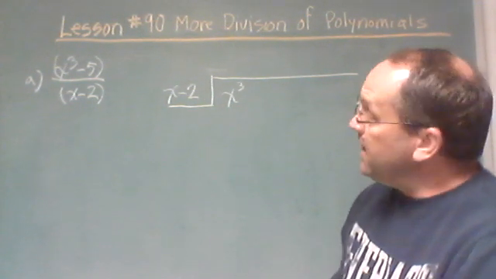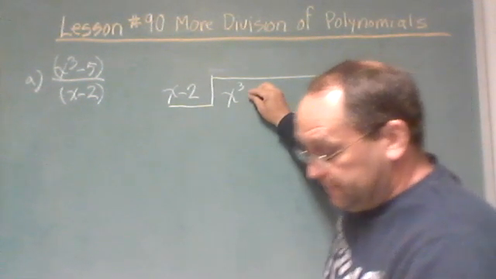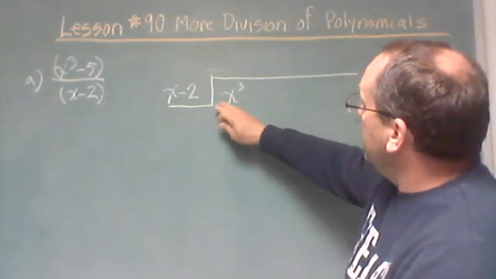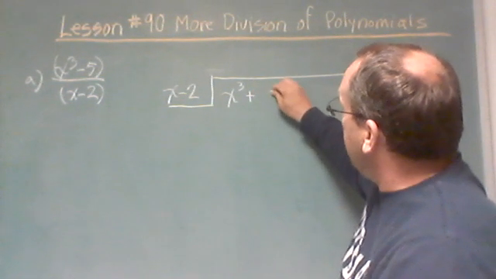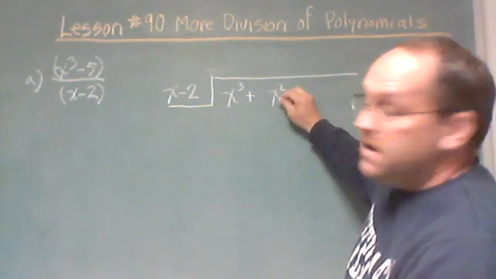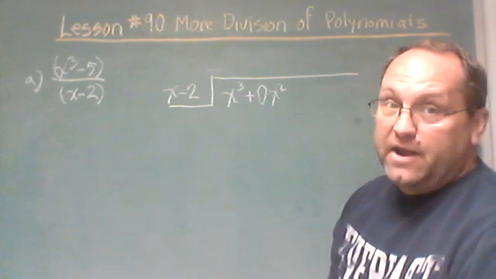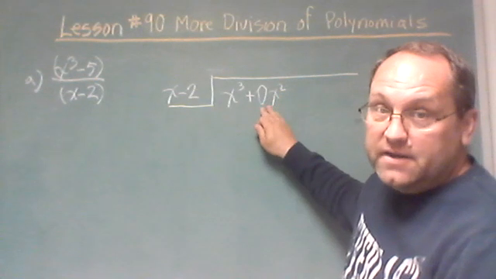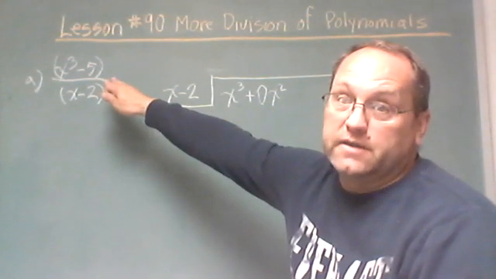Okay, well, how do we do that? Well, we can express that as there is an x squared term, but it's multiplied by 0. So that way it is there, we're accounting for it, but it doesn't have a value. It's 0. It doesn't exist in our expression there.